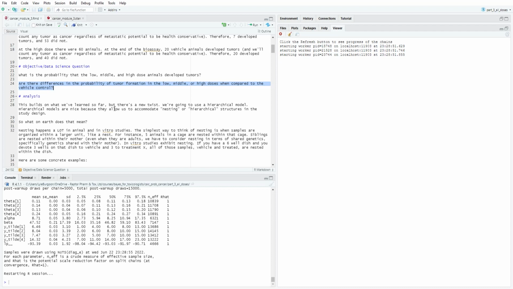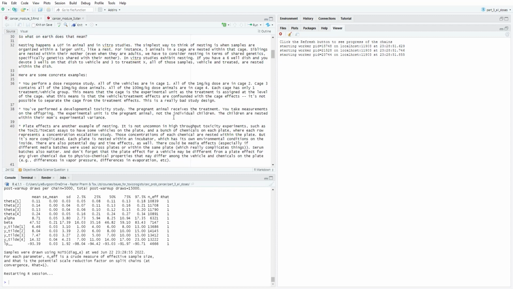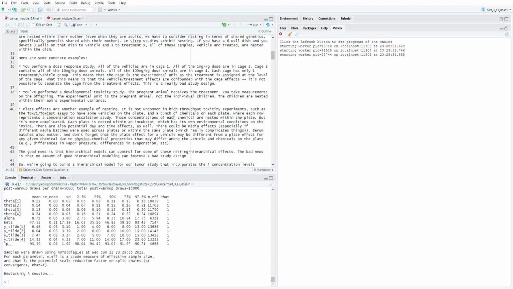If we have multiple dishes or plates like that, now we can start to calculate a dish or plate effect. Same thing goes for the media that you use, and for your lots of serum, which, hopefully, you're not crossing serum lots without doing extensive testing to make sure it doesn't cause any issues.